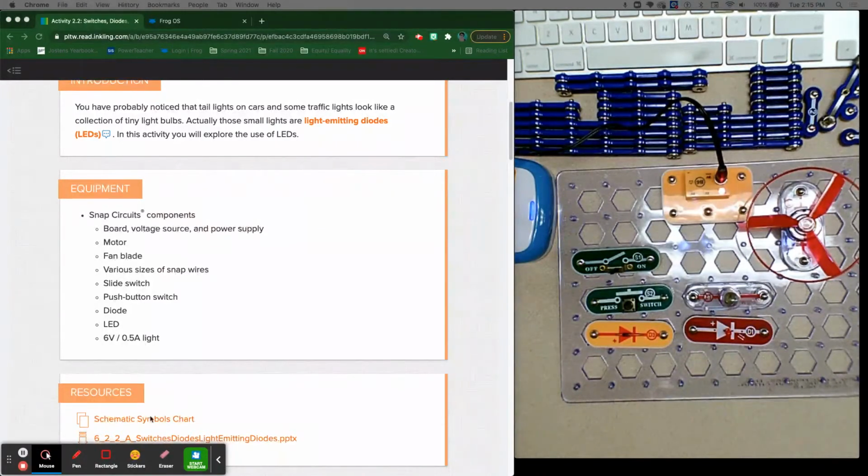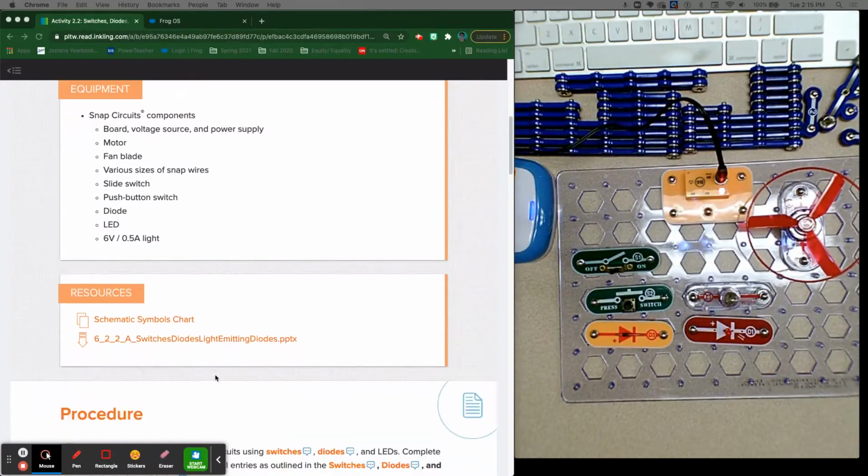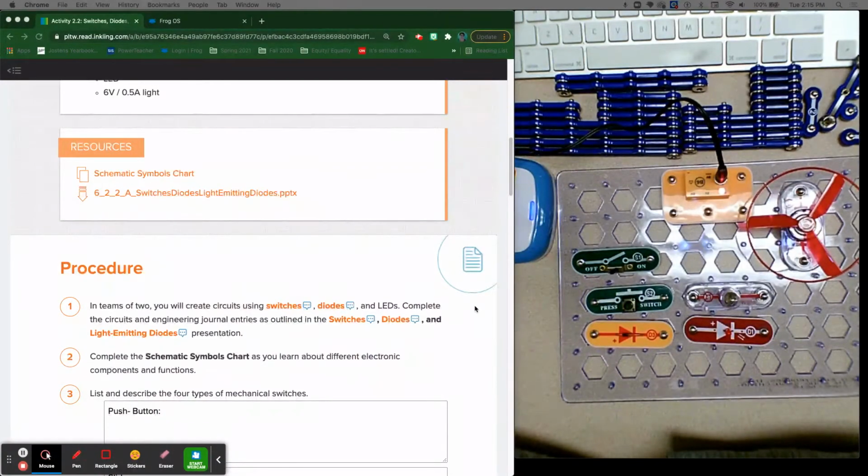All right, and we will again be using our schematic symbols chart, and we have a PowerPoint that goes with this lesson. So in teams, we are going to create circuits using switches and diodes and LEDs. We are going to do this doing engineering using the presentation that is up here.